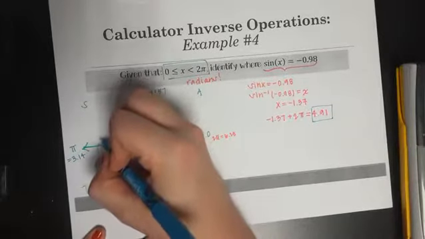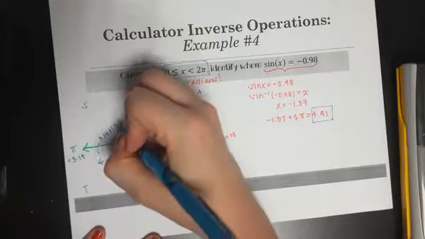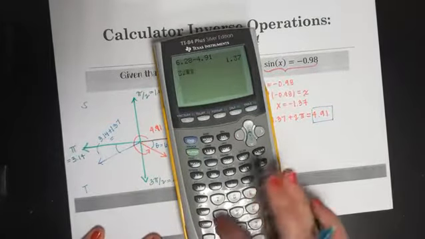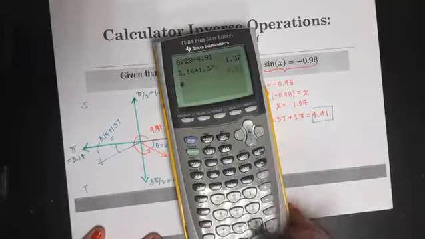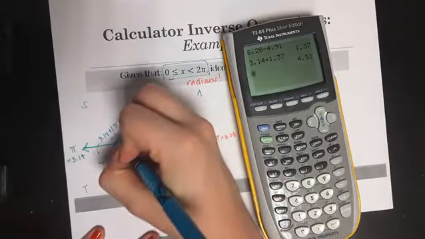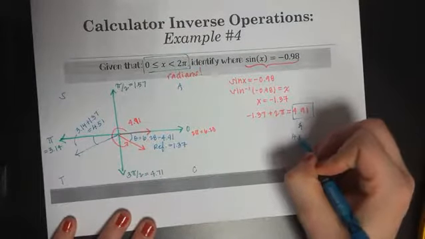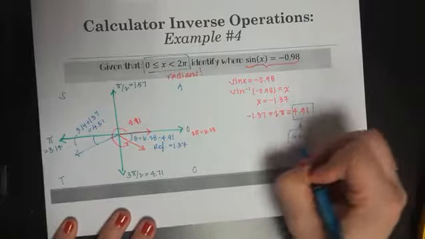So I take 3.14 and I add 1.37. When I plug that in, I get 4.51. So my angle values are going to be 4.91 and 4.51.